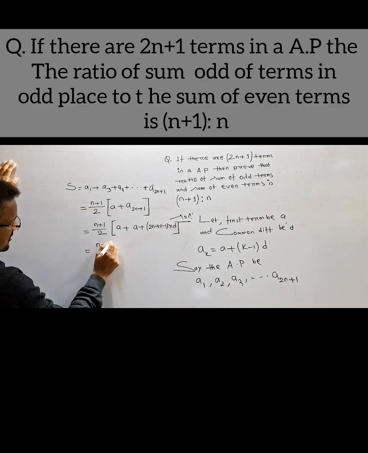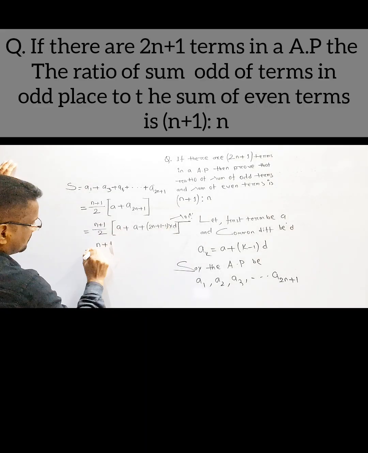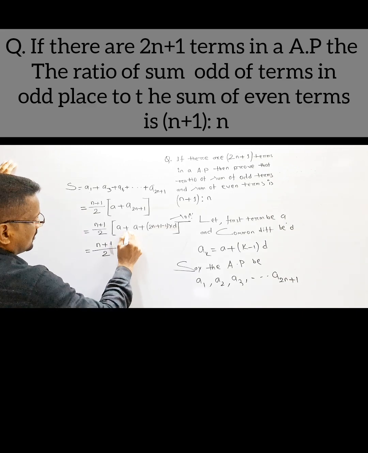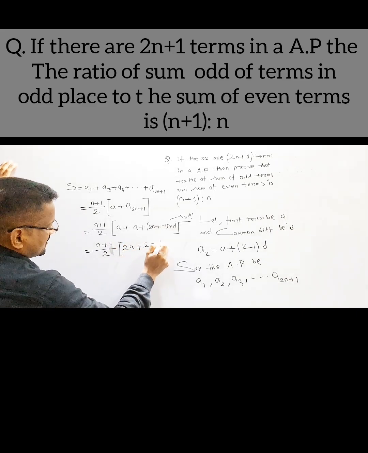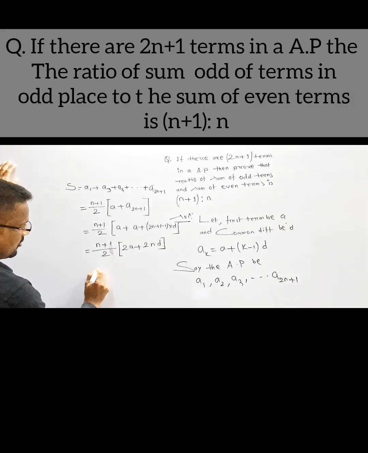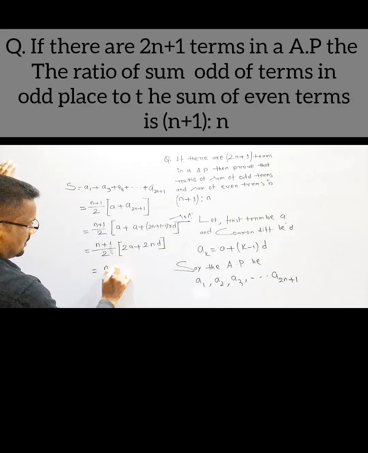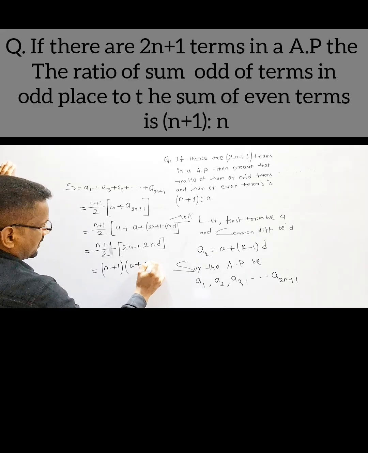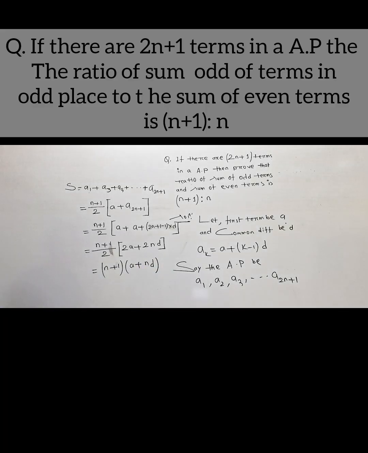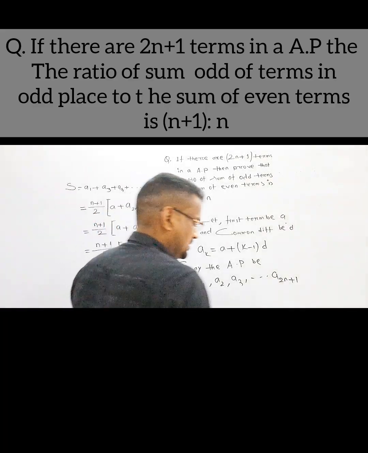That equals (n plus 1) by 2 into (2a plus 2n times d). The 2 cancels out: (n plus 1) into (a plus n times d). This is the sum of the terms in odd places.